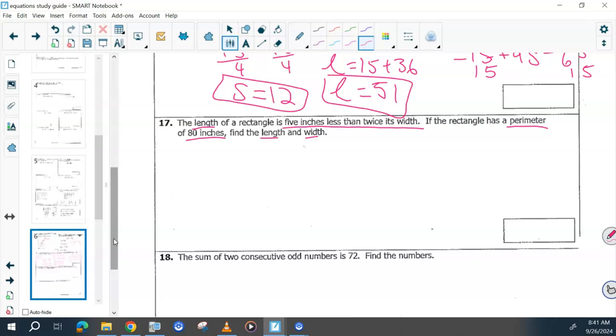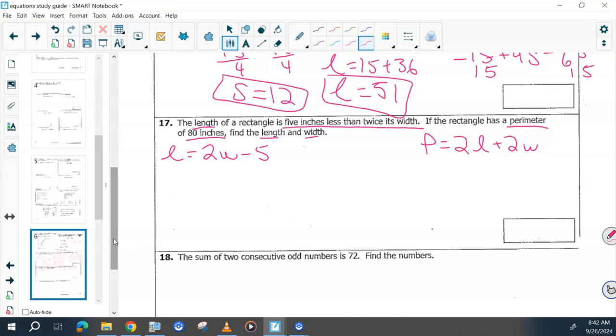So just like that first example, L is going to be that first sentence. 5 inches less than, that's really subtraction, but this is going to go at the end. So twice its width, 2W, minus 5, to get our length equation. The equation for your perimeter is P equals 2L plus 2W.